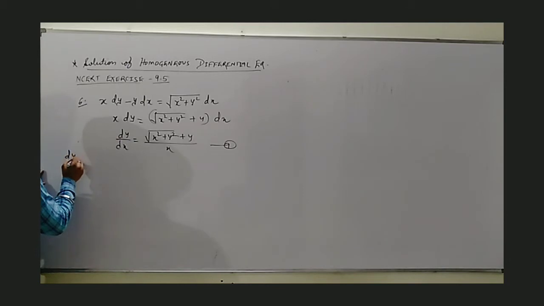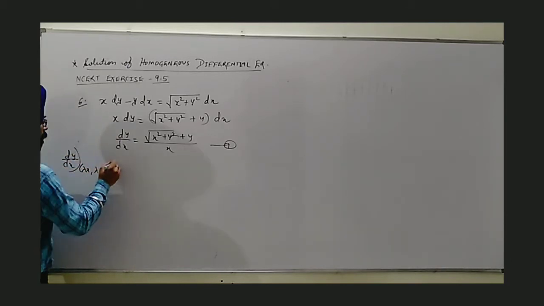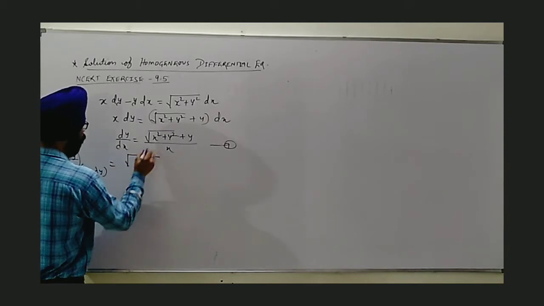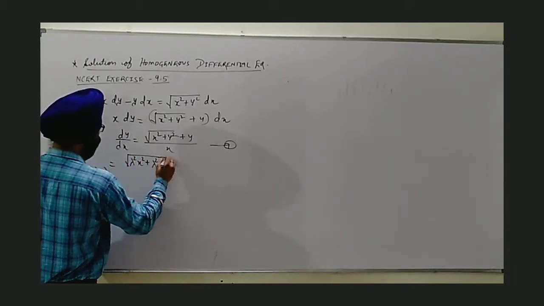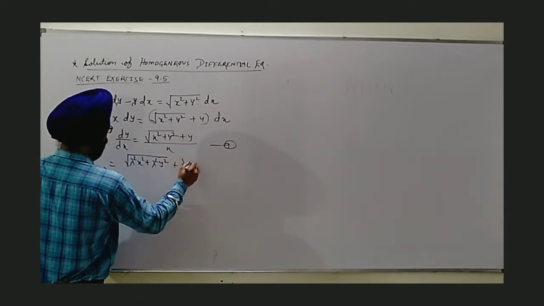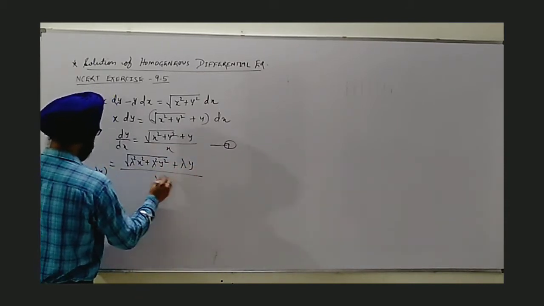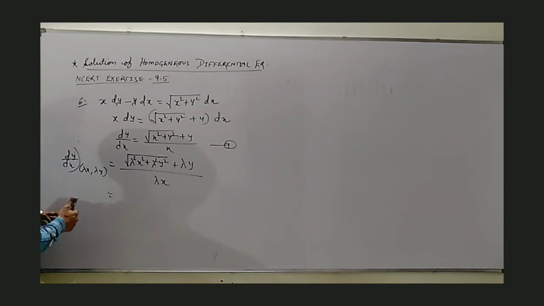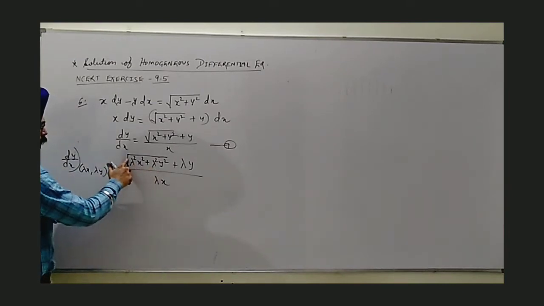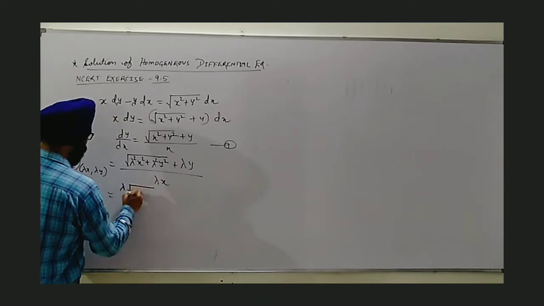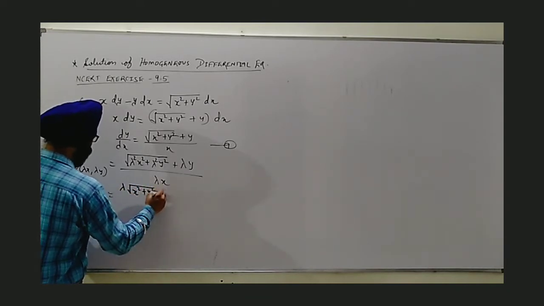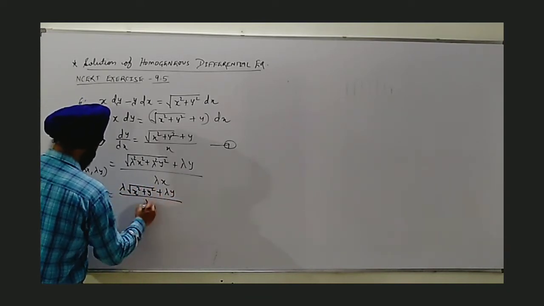So we will write here dy by dx for values lambda x, lambda y. We find it's equal to under root lambda square x square plus lambda square y square plus lambda y upon lambda x. Now, when we take common from these two terms lambda square, because of the root, this will be lambda itself, inside x square plus y square, plus lambda y upon lambda x.